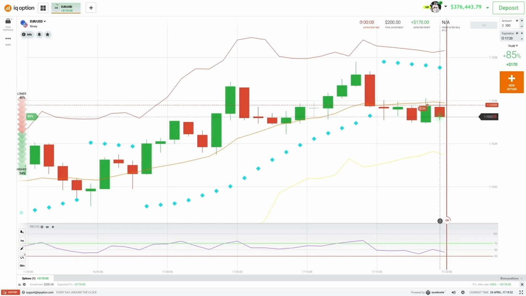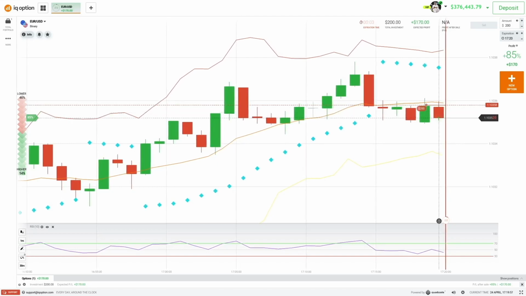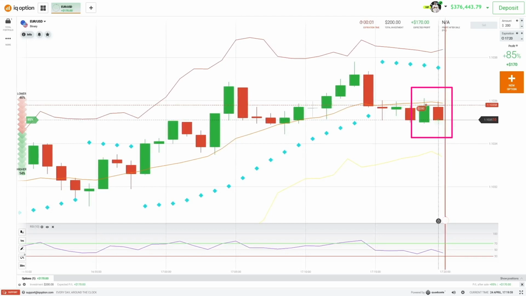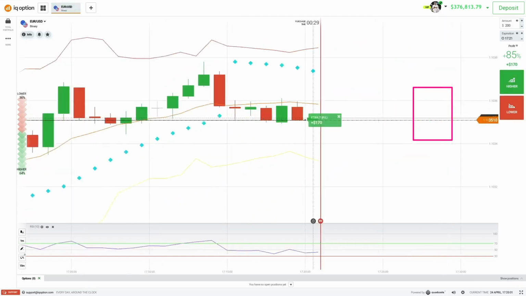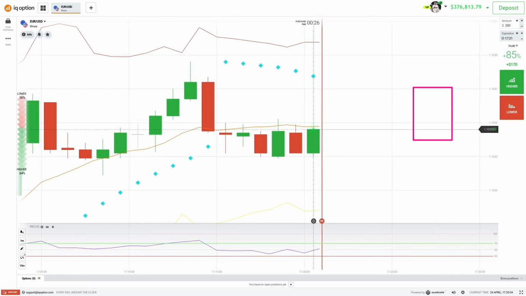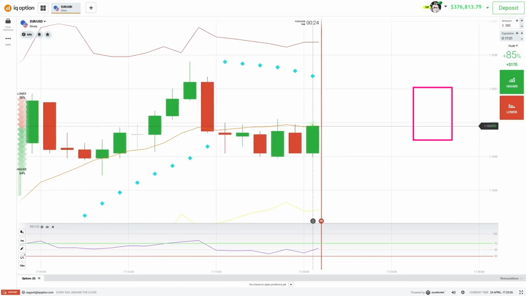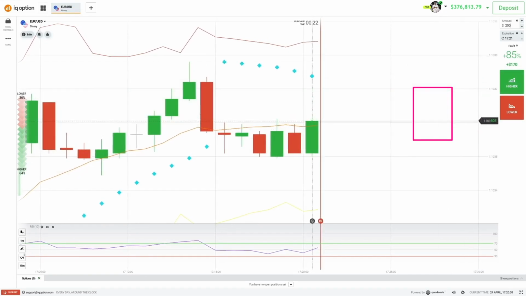So parabolic SAR, RSI, and Bollinger bands to predict the movement of this candle. So yeah, my prediction was 100% right. I made $170.